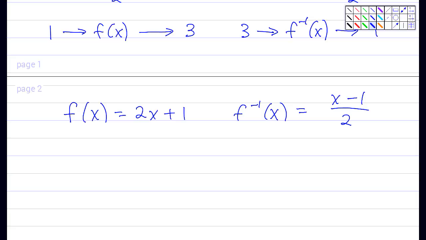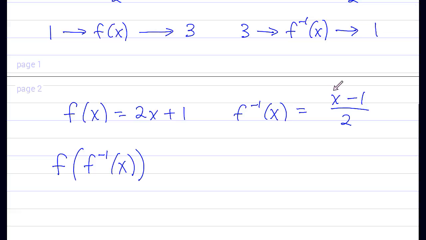Now, if you remember what that means, the composition of f with f inverse is this, which basically says take f inverse, x minus 1 over 2, and put that in the x for the original function.